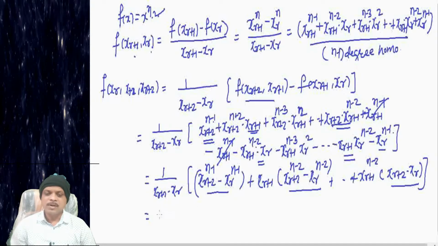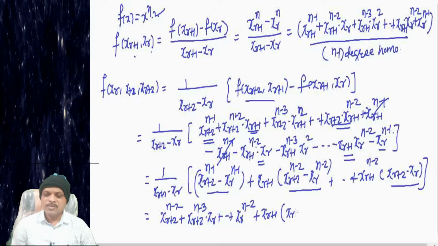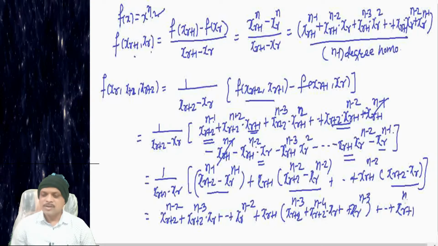Cancelling the common factor, we get x_{r+2} raised to n minus 2 plus x_{r+2} raised to n minus 3 into x_r plus x_r raised to n minus 2, plus x_{r+1} into x_{r+2} raised to n minus 3 plus x_{r+2} raised to n minus 4 into x_r plus x_r raised to n minus 3, plus x_{r+1} raised to n minus 2.